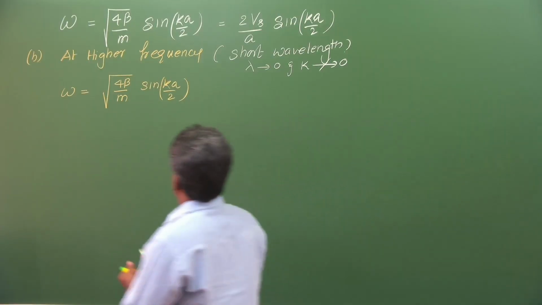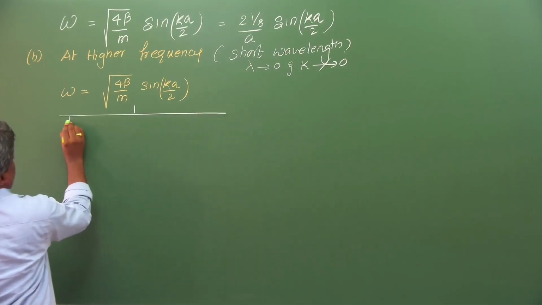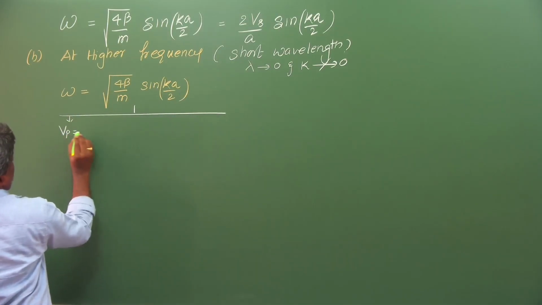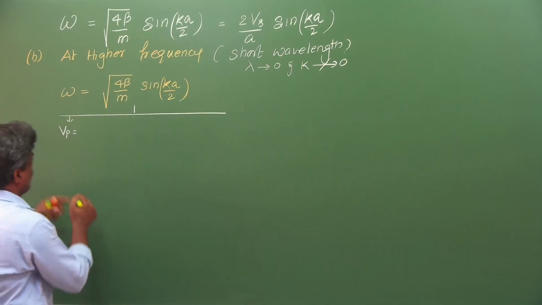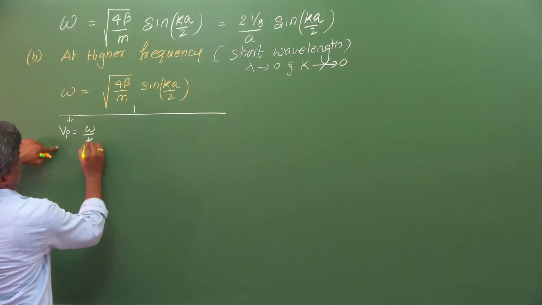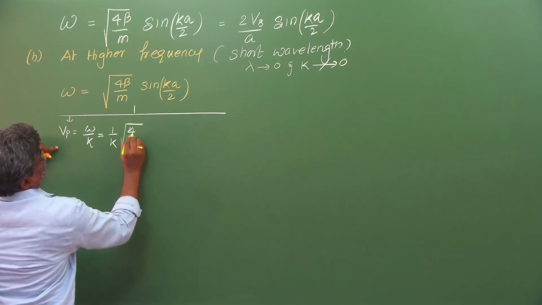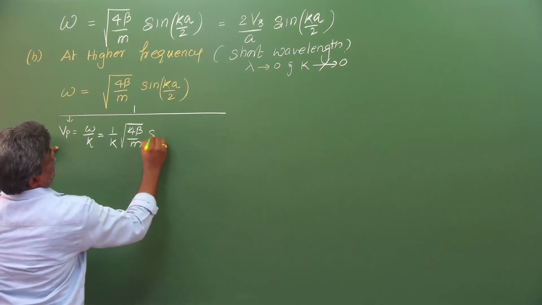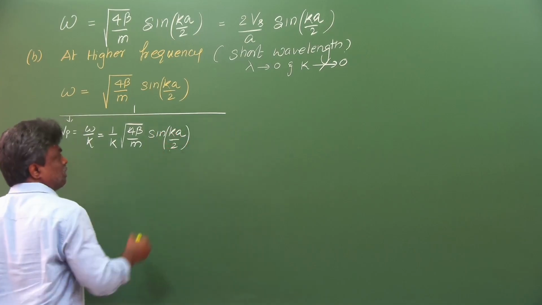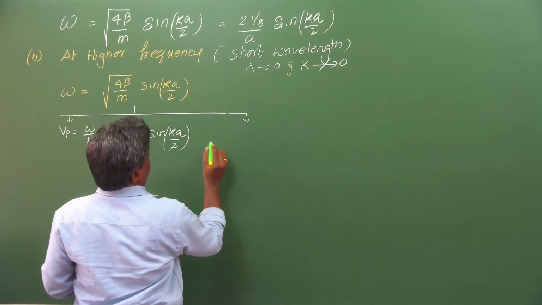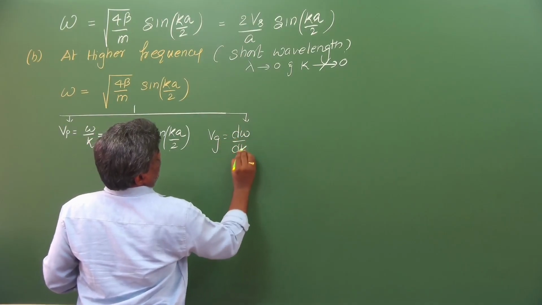Again I am finding the phase velocity, and let me check whether there exists dispersion or not. Phase velocity equals 1 by k under root 4 beta by m into sine Ka by 2. Important, please listen. Next, I am finding the group velocity, which is d omega by dk.